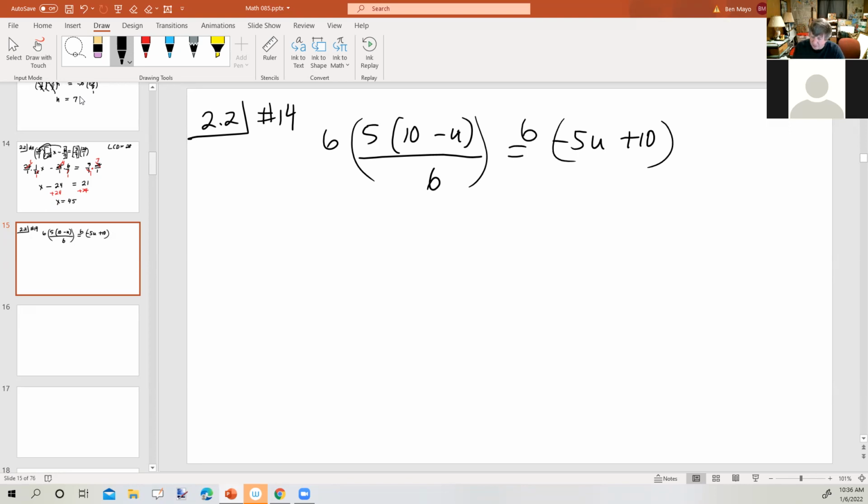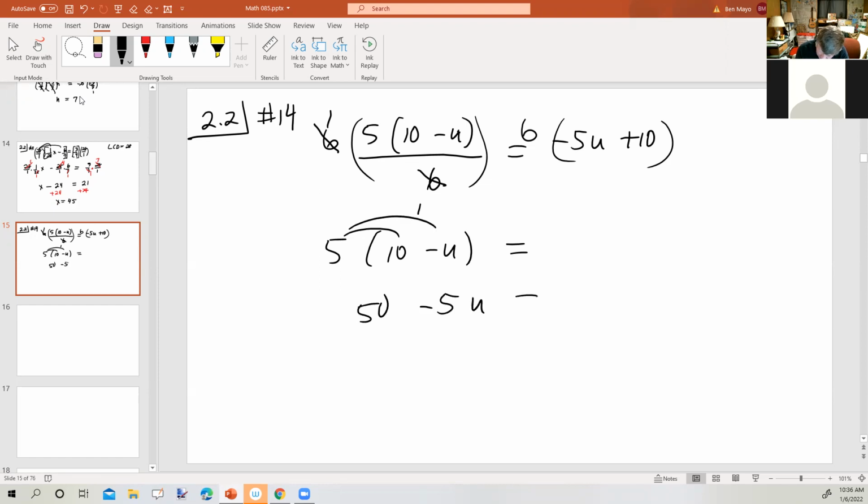That is the least common denominator. On the left side, the 6's will reduce down to 1 over 1, and I'm left with 5 times the quantity 10 minus u, which then becomes 50 minus 5u. On the right side of the equation, distributing the 6, I get negative 30u plus 60.